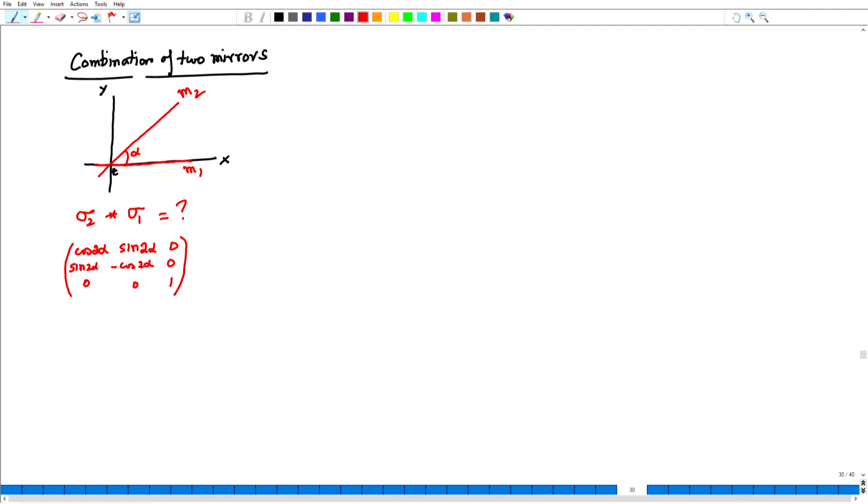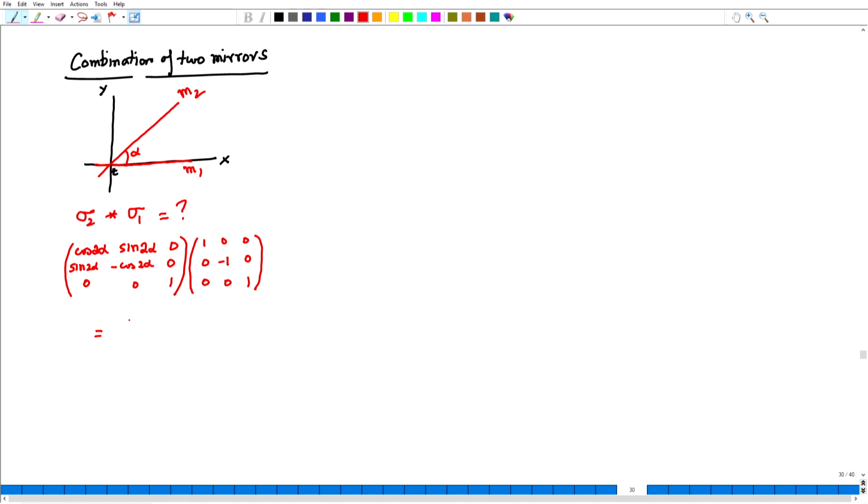For the mirror M1, the reflection operation sigma 1 is 1 0 0; 0 minus 1 0; 0 0 1. So, sigma 1 is the mirror in the xz plane with the normal to the y axis. Therefore, the second row has a minus 1 on the diagonal, while the other two remain 1.